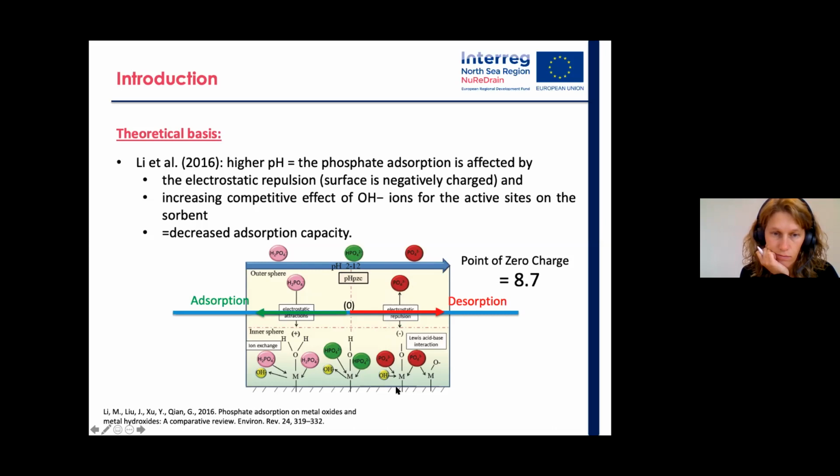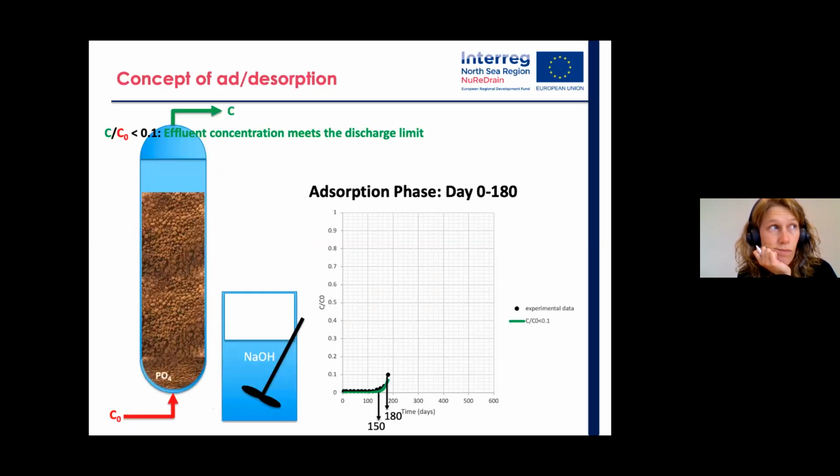There is a repulsion, but there is also a competition between the phosphate and the hydroxyl ions for the same adsorption places on the sorbent. So what we know now is at pHs above 8.7, you will see a decreased adsorption capacity, and this means desorption is possible. So we were looking at pHs higher than 8.7 in our research.